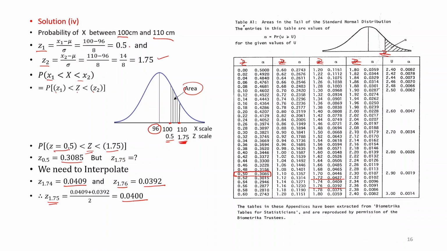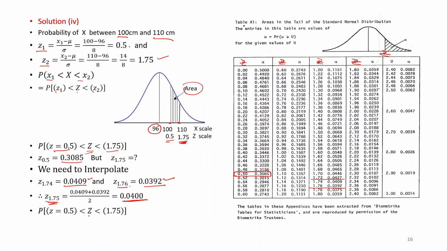So these are the values of alpha. For Z 1.74 this is the area, for 1.76 this is the area, and for 1.75 we simply take the average. That is 0.04.